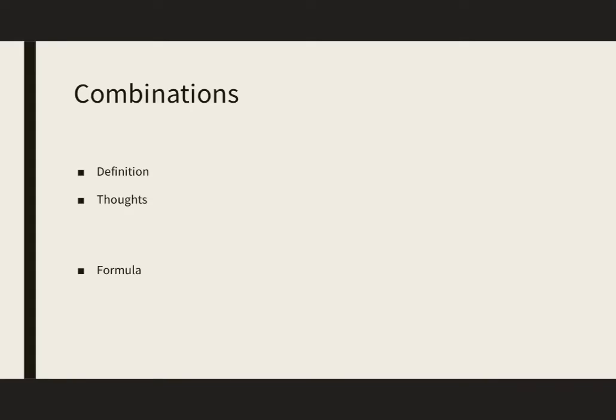Combinations. What are they? A combination is a selection of unordered objects. In everyday language, we might say something like, I'm going to choose 2 objects out of the 5 that I can choose from. To make that a little bit more formal, we might say, I'm going to choose R objects out of a selection of N. But in our work here, we would say N objects taken R at a time.